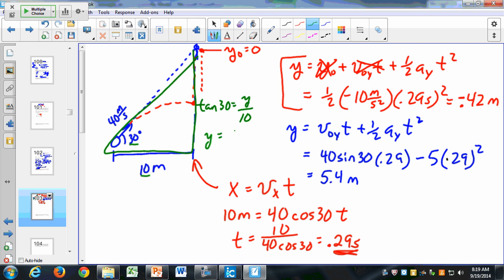It's 5.8 meters. All right, so this guy was at 5.8 meters when he dropped, and then he drops 0.42 meters, or let's call it 0.4 meters, so he drops to 5.4 meters, which is the same as what we find right here. So they go to the same position, and then they hit.